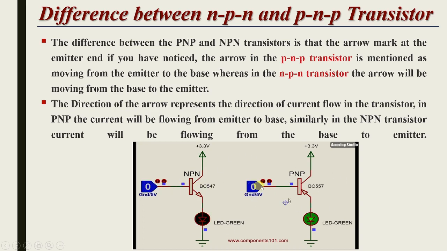Now for this PNP, the operation is exactly opposite. If we apply 0 at the input, the current flows from emitter to base and this LED turns on. And if we apply 1 at the input of this PNP, then no current flows through this transistor, that means it is off, and this LED is turned off.